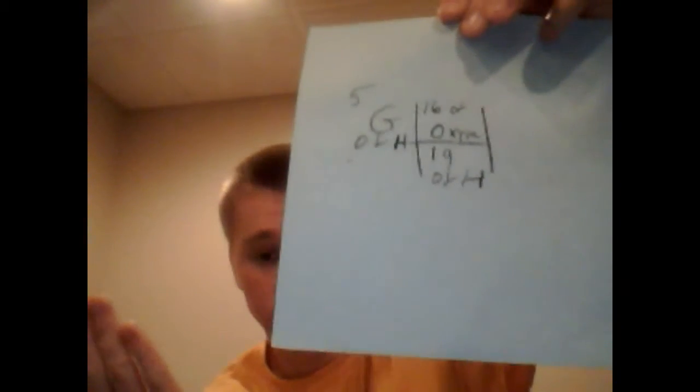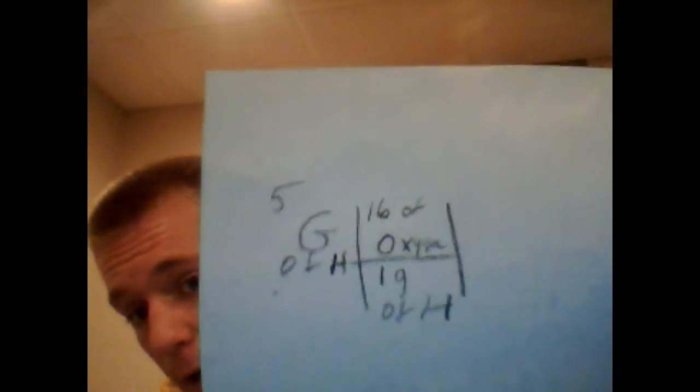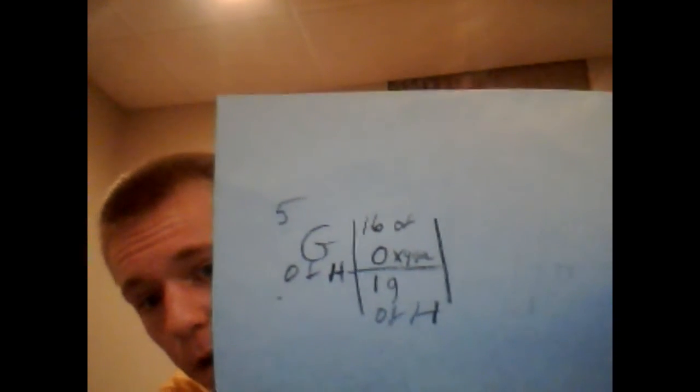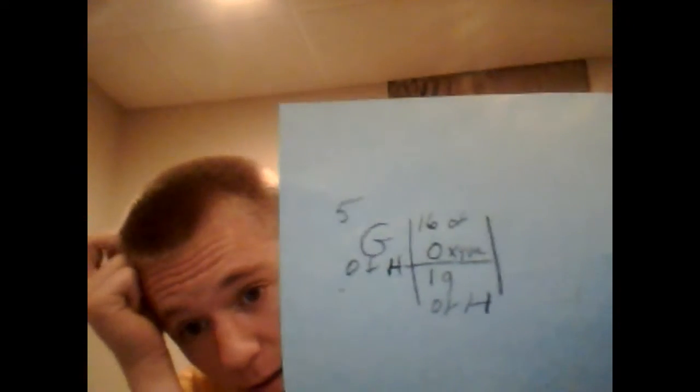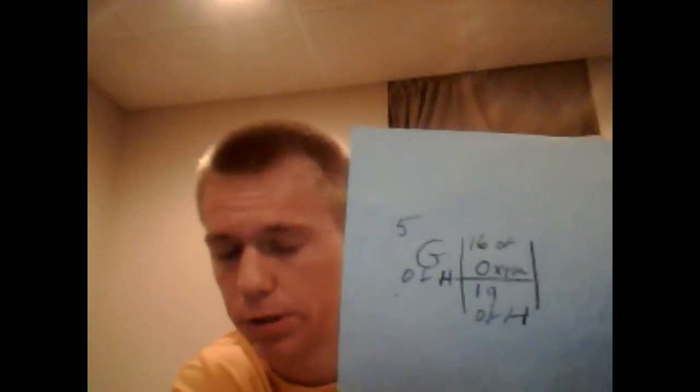So the next part of this is just multiplying. When you multiply and divide, you're going to need to do 5 grams of hydrogen times 16 of oxygen. So 5 times 16 is 80. And you're going to divide 80 by 1. This makes your answer 80.